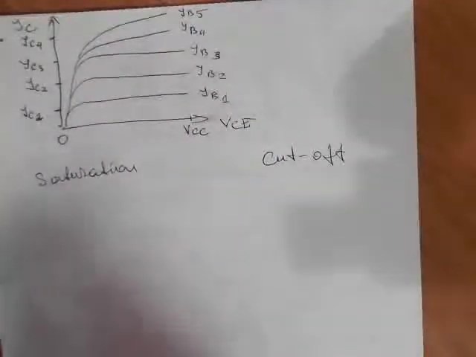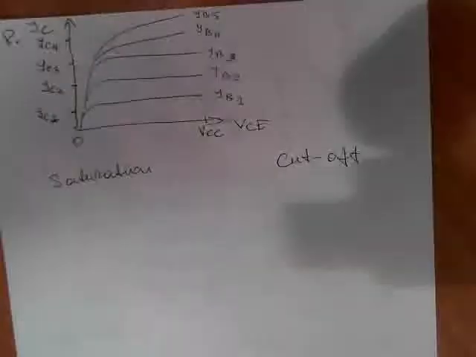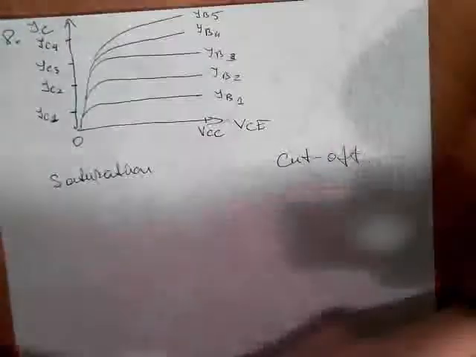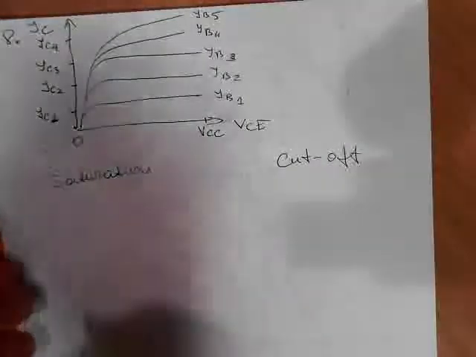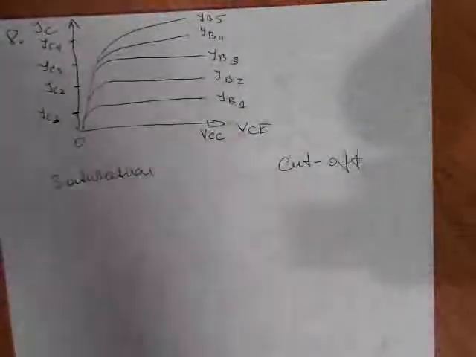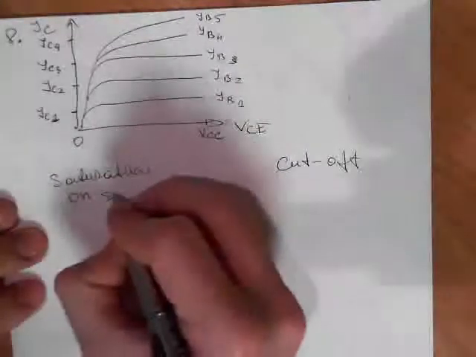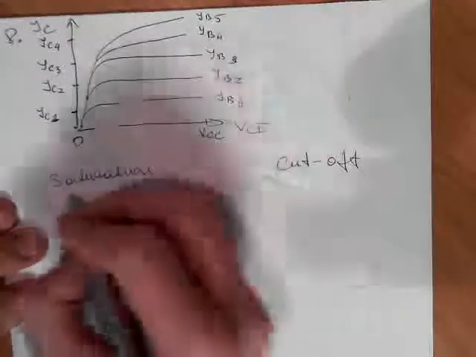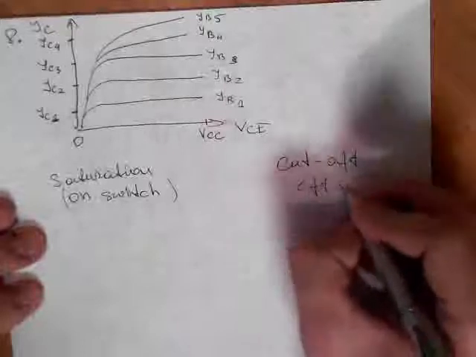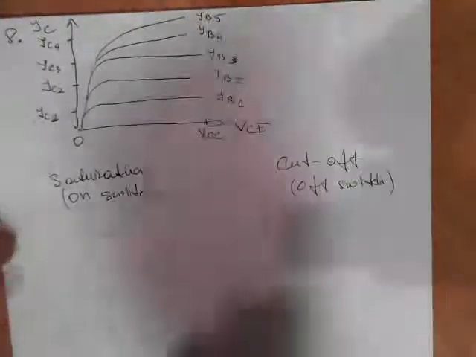In the saturation region, the transistor is like an on switch. This is an off switch.